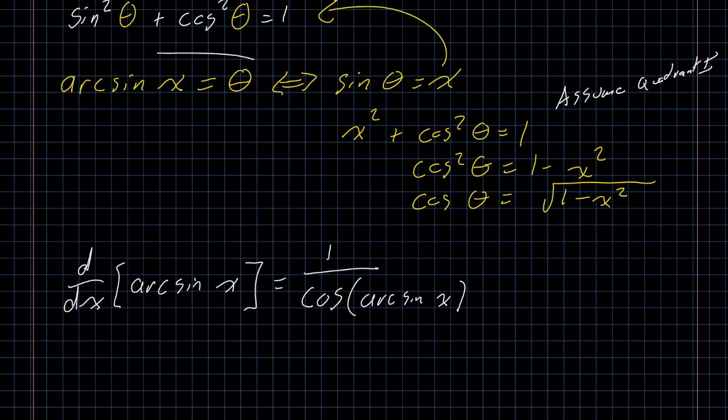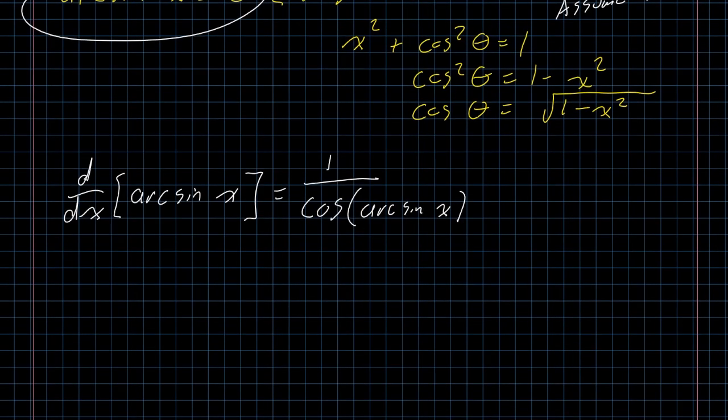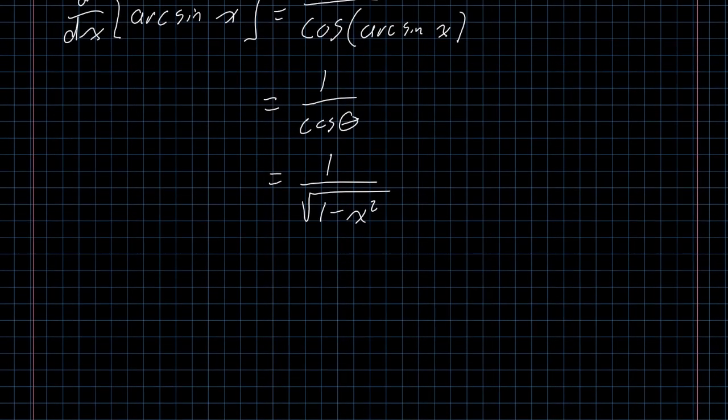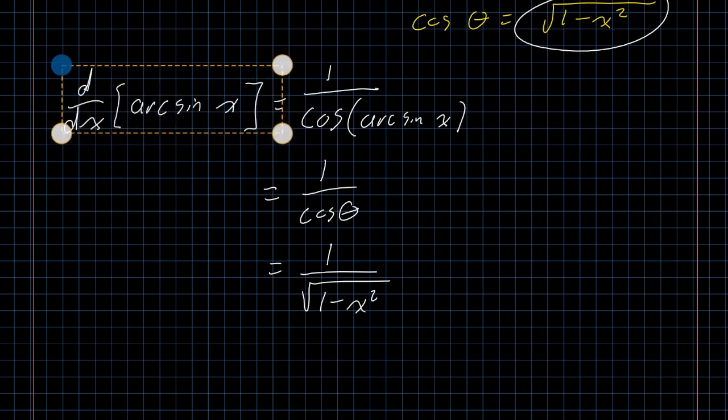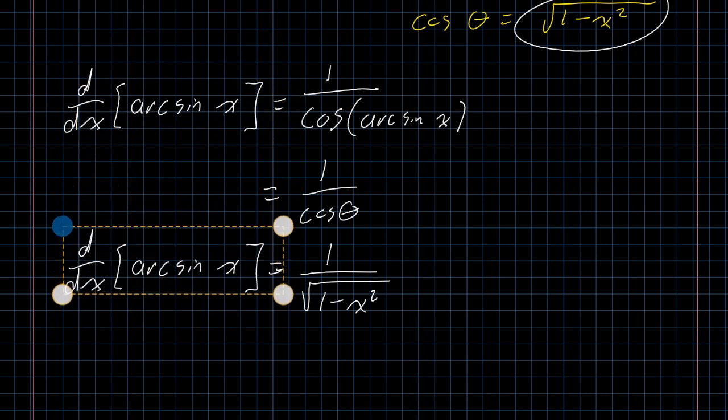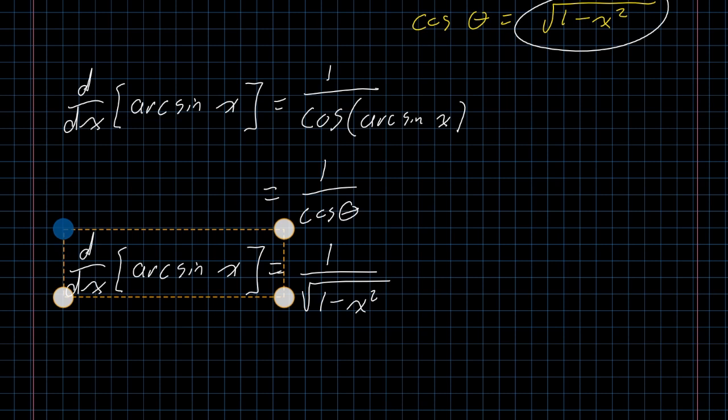I just established arcsine of x is theta. And I also established that cosine of theta is the square root of 1 minus x squared. Let's copy the thing we've been differentiating here, which is just going to make things a little bit easier when I scroll the rest of it off the screen.